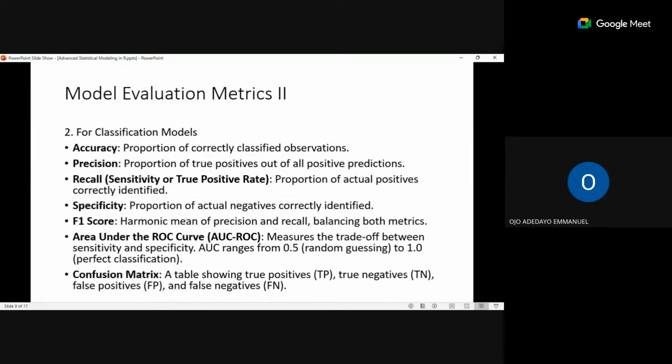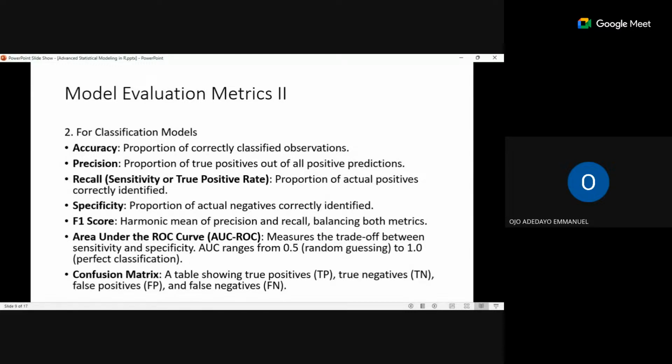If your model also classifies that person as having COVID-19, that means the accuracy of your model is high. That means it is a correct classification. That is a true positive: the person tested positive to COVID-19, and when you use your model to classify, your model also says positive. That's what we mean by accuracy.